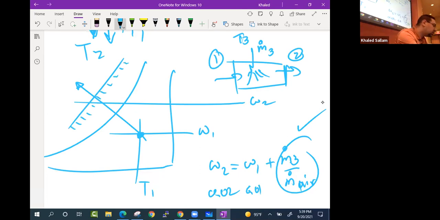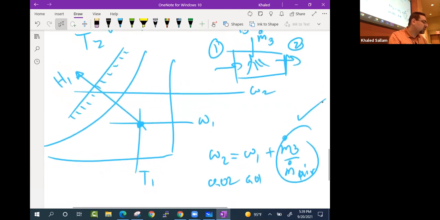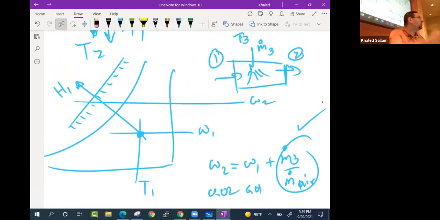H, right? H total. It's per kilogram dry air, but let's just call it H1. Wouldn't it be nice if I knew my H2? If I know my H2, I will just make a line, hit it with omega 2, and I will know where I end.